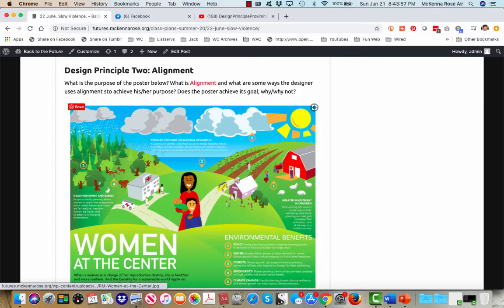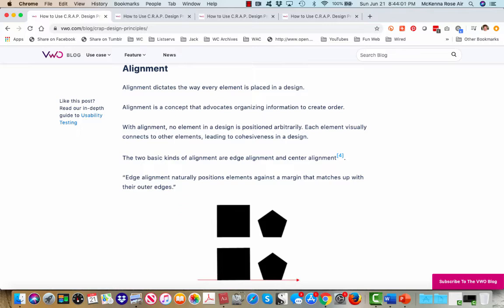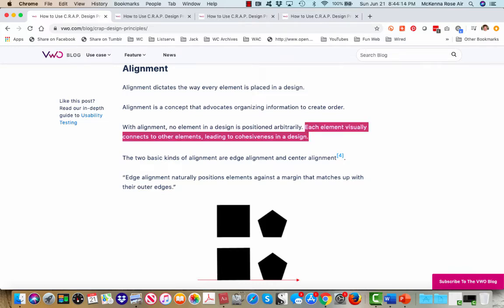Okay, so alignment. First of all, when we talk about alignment, we mean the design principle that dictates the way that every element is placed in a design, the concept that advocates organization, and importantly, the design concept where no element is positioned arbitrarily and each element visually connects to other elements, which leads to cohesiveness in design.